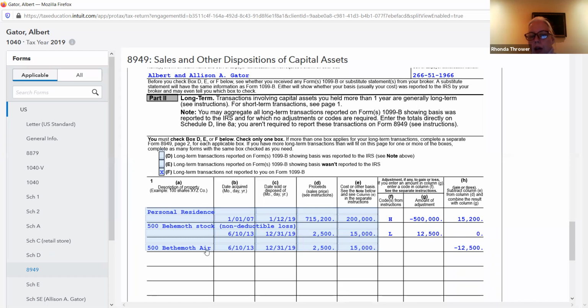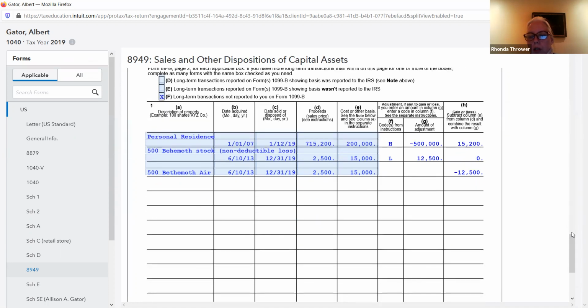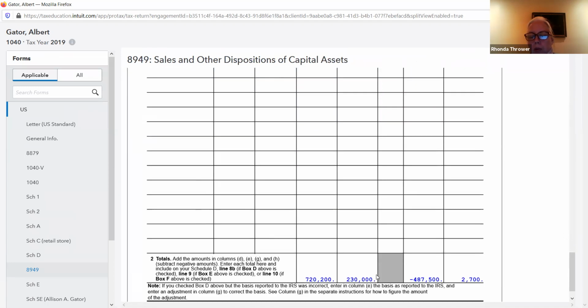The second transaction is for the uncle's shares. Notice what happens here. They get to take the loss. So the loss is combined with the gain from the sale of the residence from a previous chapter. And at the bottom of this form, on line 2, they have the totals here.